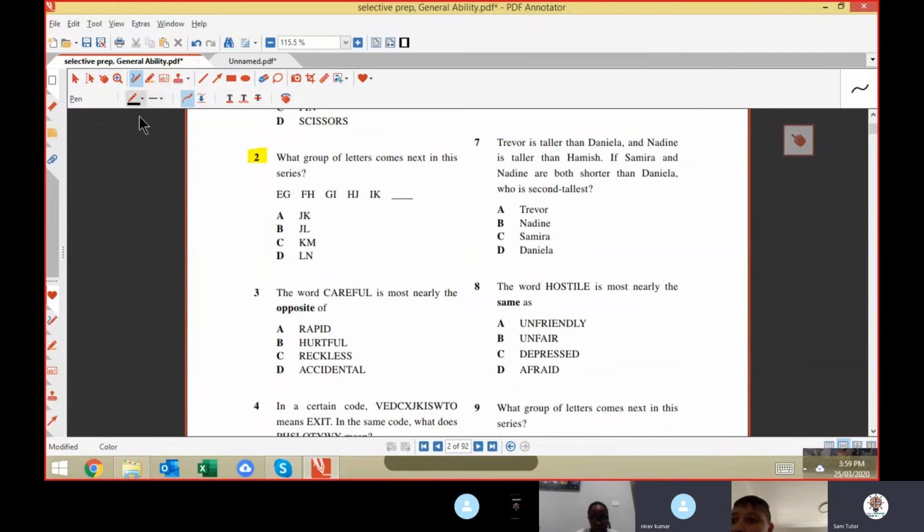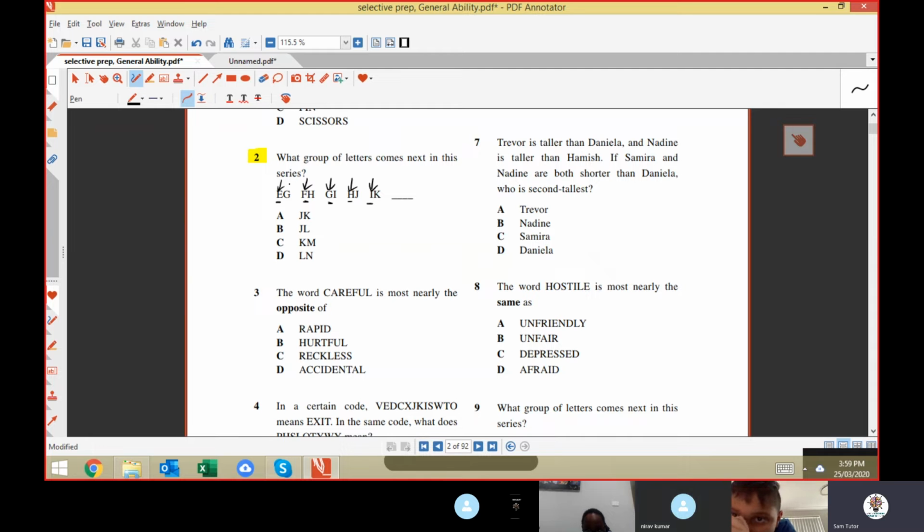All right, so let's start off with this style of question. What group of letters comes next in this series? E, G, F, H, G, I, H, J, and I, K. Sounds confusing, but it's actually really straightforward. I think the easiest way is to see that the first letter of each of these groups goes up by one.